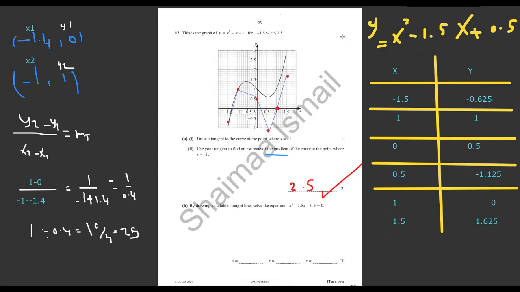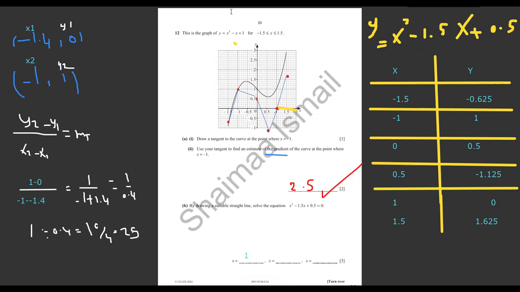Here, make it accurate. I join it with a line, but don't leave it with a line, okay? The accurate values of x will be the intersections of the x-axis with the curve. The first intersection here is equal to 1, so we write x equals 1 as the first value.